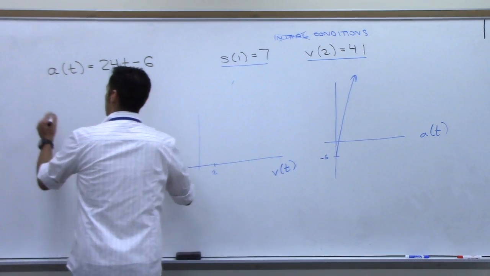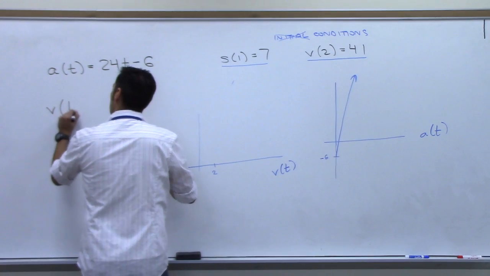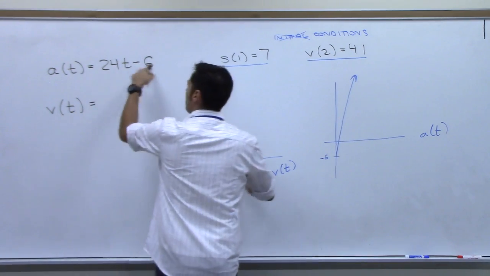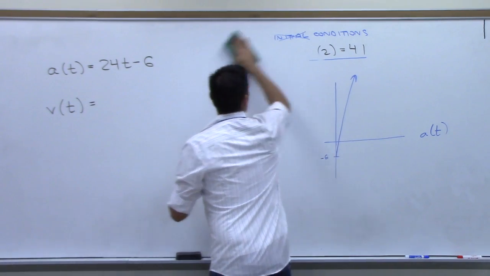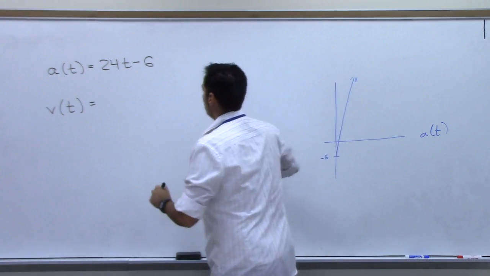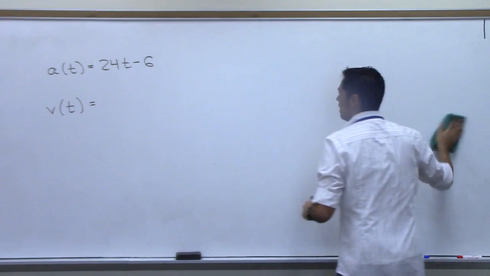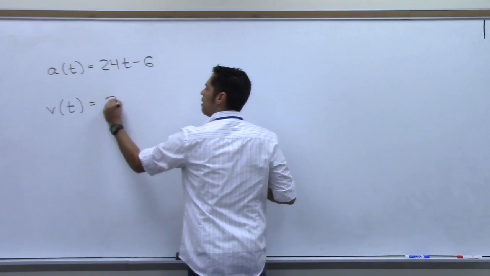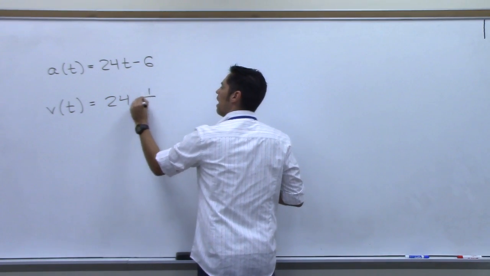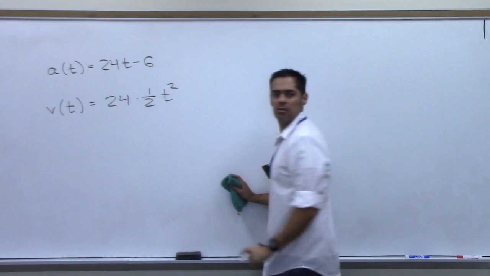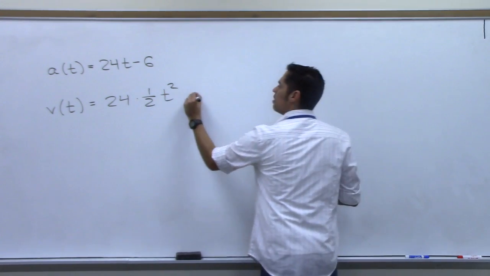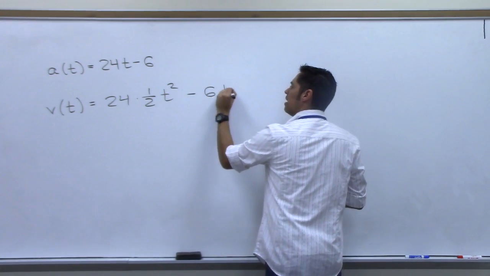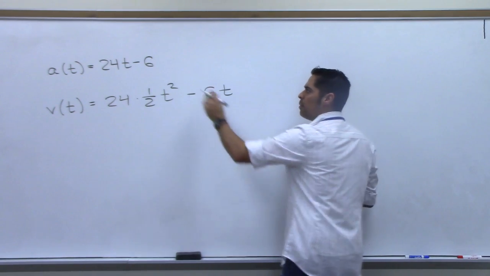The velocity function should be the antiderivative of this. What is the antiderivative of 24t minus 6? So 24 times 1/2 t squared, and then minus 6t. Be careful with these constants.